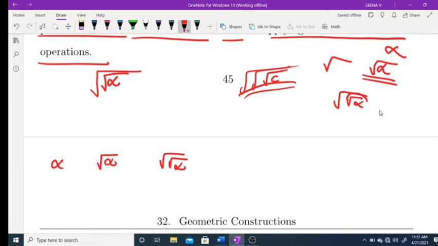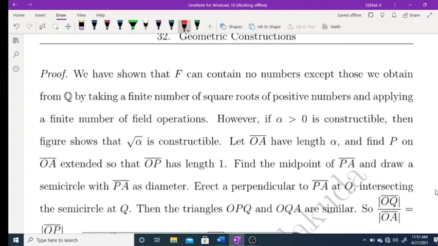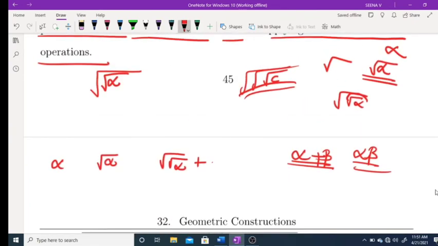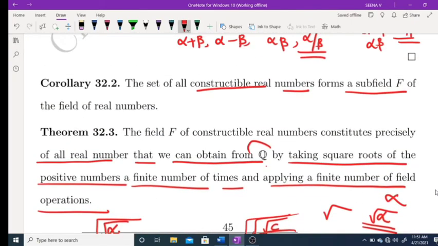And if you apply any field operation, then it is again constructible, because we already know that if alpha and beta are constructible, then alpha plus beta and alpha beta are constructible, etc. So first we have to prove root alpha is constructible. Then any constructible real number you can derive like this.